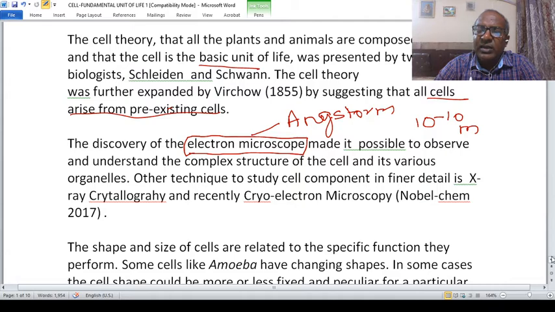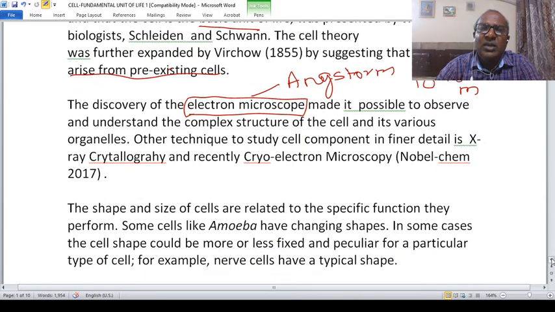Another technique utilized to study very small components and even molecular structure in detail is X-ray crystallography. In X-ray crystallography, you produce a pure crystal of the substance you study, say DNA or ribosome.